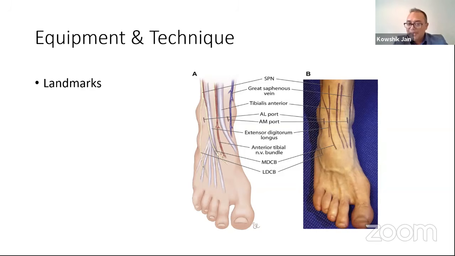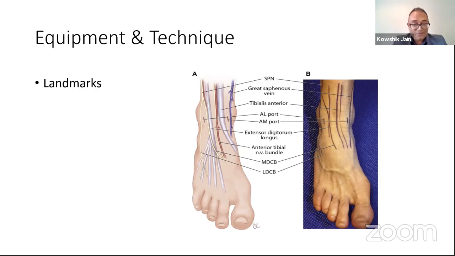That makes the lateral division of the superficial peroneal nerve prominent. You could try it on your own ankles. It's actually very easy to do, and you almost always see it.